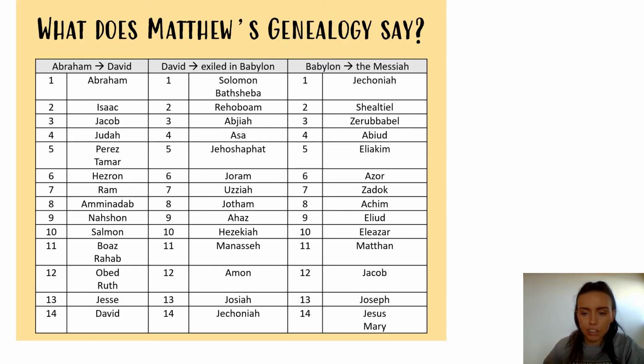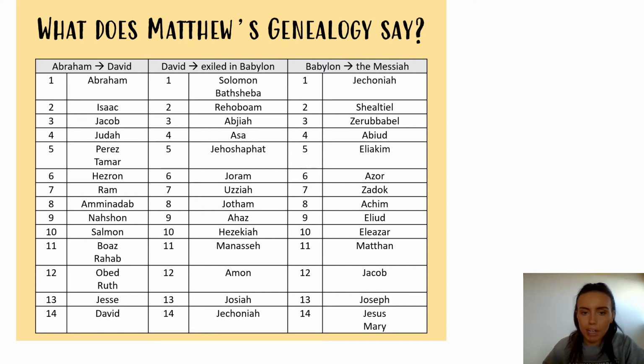The first section of 14 runs from Abraham down to King David. The second section runs through David's royal line down to the Babylonian exile in 597 BCE. And then the final section is from Babylon through until Jesus.